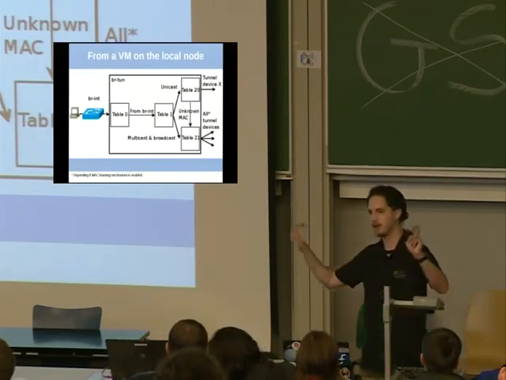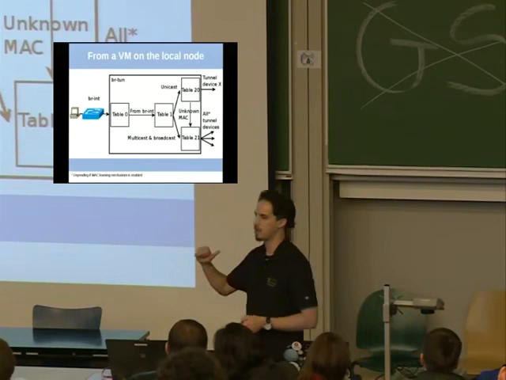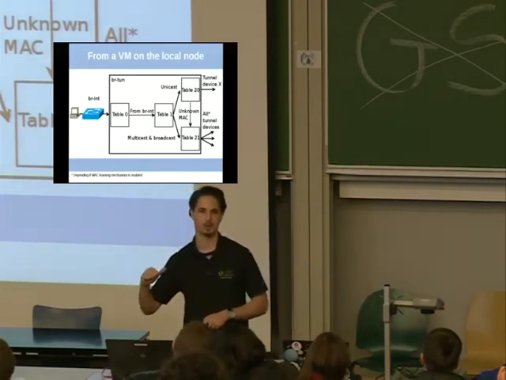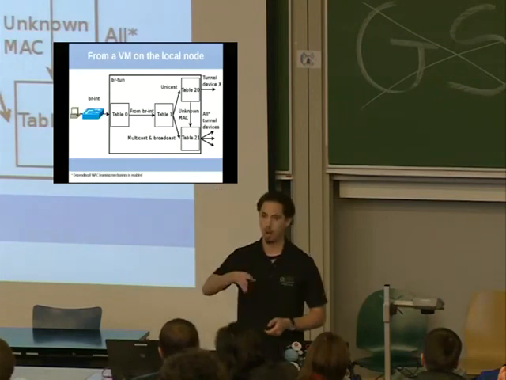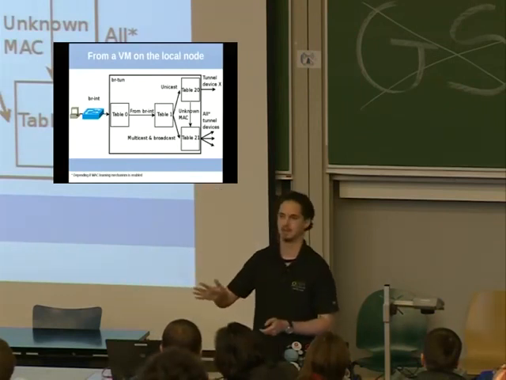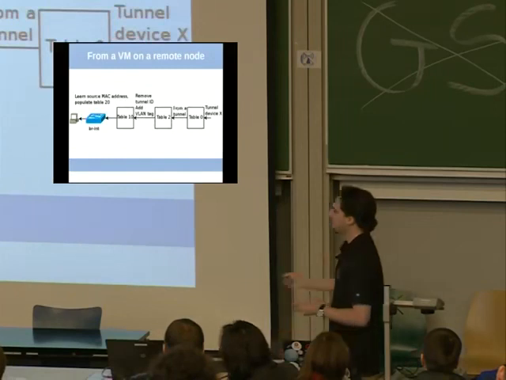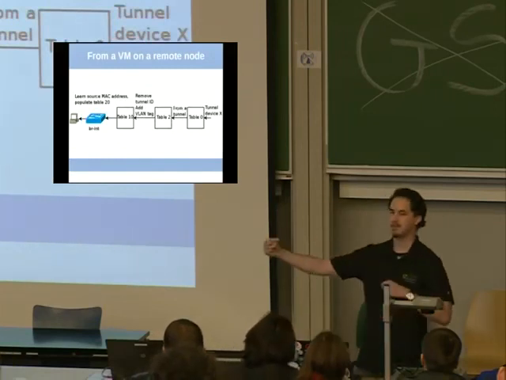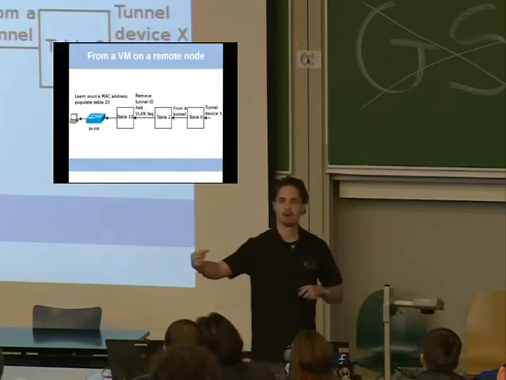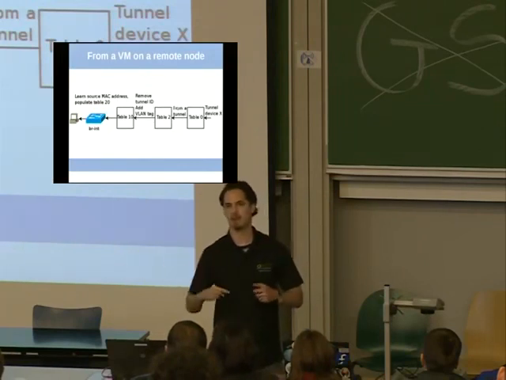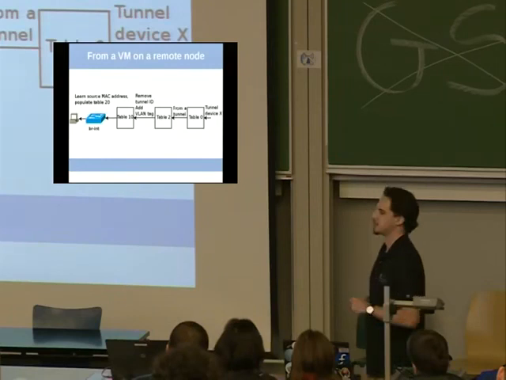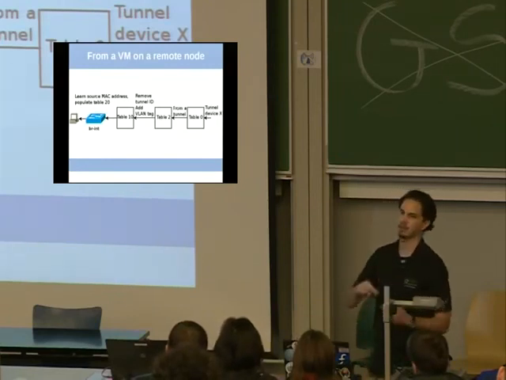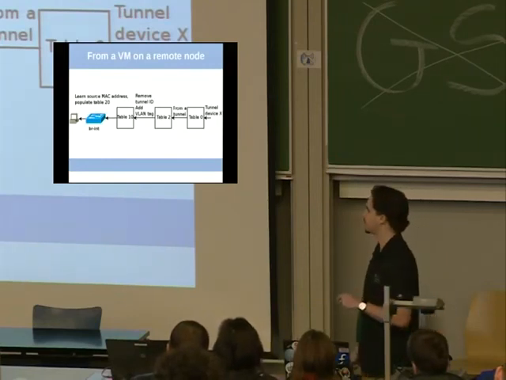Why the air quotes? Because we talked earlier about the broadcast optimization. If that's enabled, then I don't need to send the message to all of the tunnels, just to some of the tunnels. So what about the other way around? If a message is coming in from a tunnel and not from a local VM, it's traffic coming in from a tunnel and not the integration bridge, so it's going to table 2.